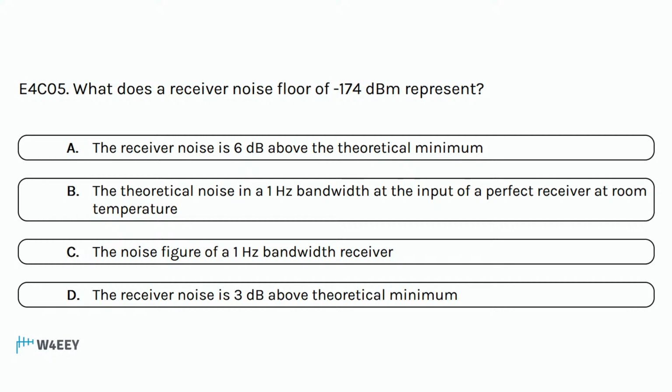And what does a receiver noise floor of minus 174 dBm represent? Bravo. Yeah, that's the best that we can do at 1 hertz bandwidth. Perfect receiver at room temperature.